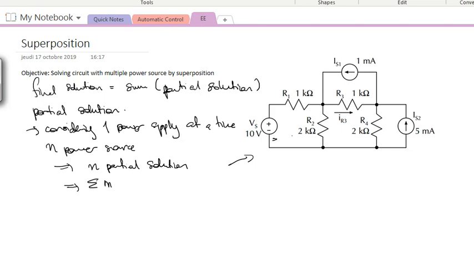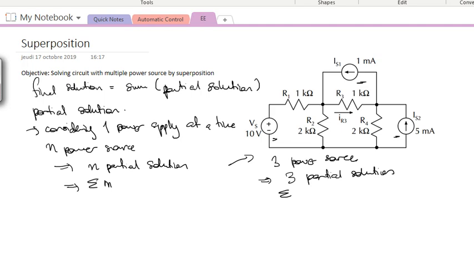We have one voltage supply over here, and we have two current sources on the right and top side of the circuit. So there are three power sources. That means we will have three partial solutions, and then the sum of all three partial solutions is basically the final solution for the whole circuit, right?